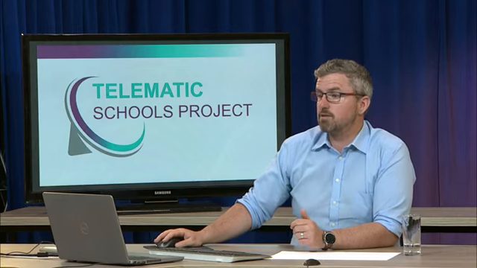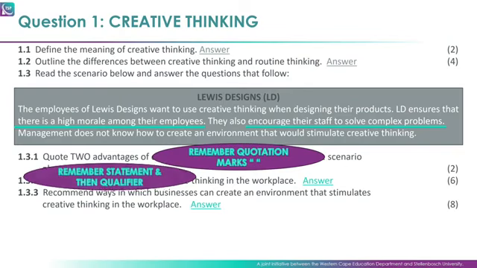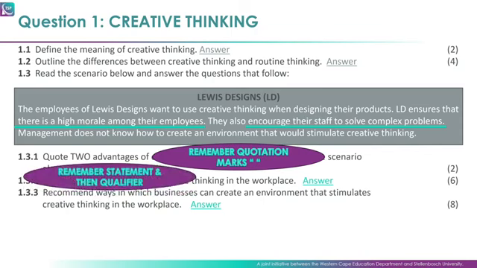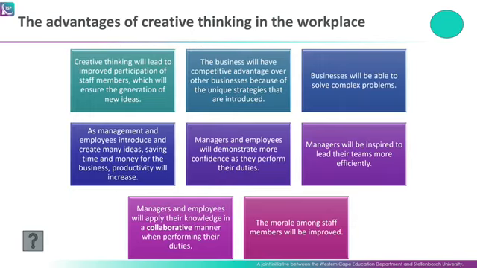Right, the 1.3.2 looks at explaining the other advantages of creative thinking. So there's 2 that we've identified. Now you need to look at the other 2. And just as a reminder there, explain, discuss, describe requires the statement where you get 1 mark and then the qualifier to get your second mark. So let's look at some of the possible answers that you could provide.